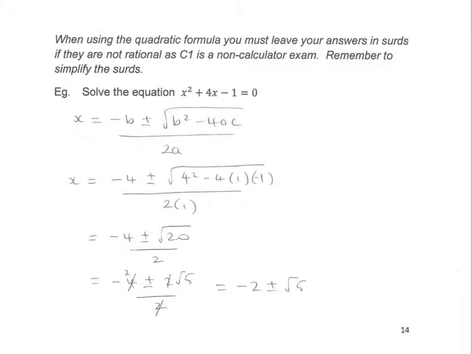Okay, moving on then from problem type questions into the quadratic formula. Now, because C1 is non-calculator, we're going to have to leave any questions or answers involving the quadratic formula in surd form. Surds you have met before, and all answers in surd form will need to be simplified.